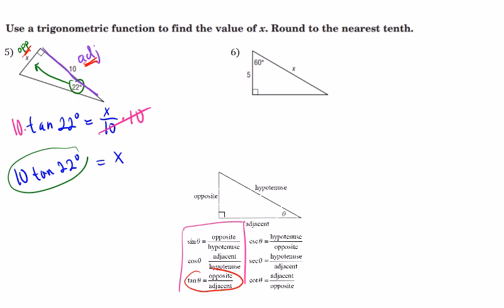Now we can just plug this right into our calculator, just like it looks: 10 tangent 22. Now, one thing I want you to do before you calculate this is go on your calculator and push mode. Make sure that degrees is highlighted, and we'll talk about radians later on.